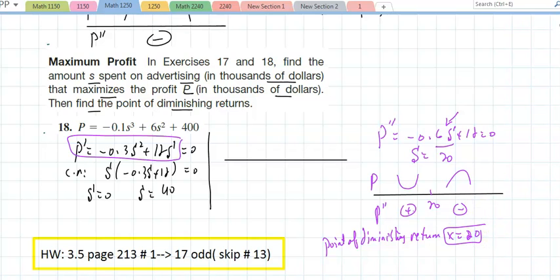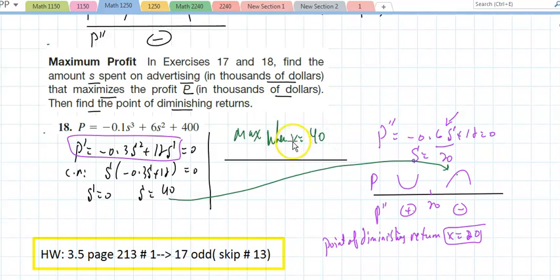And if I take 40, isn't 40 to the right of 20? We have a maximum when x is 40. I keep on saying x. When s is 40. Sorry about that. I'm so stuck on x. When s is 20 here.